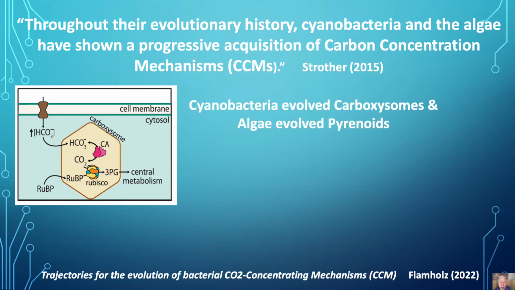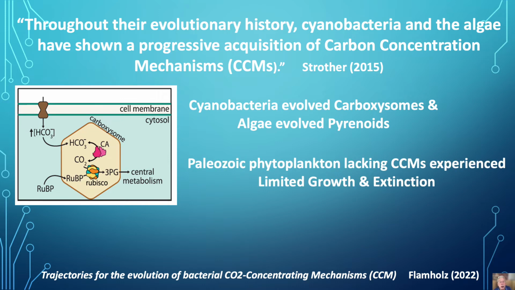Photosynthesizing cyanobacteria evolved the ability to import bicarbonate ions and shuttle them into a carboxysome where an enzyme converts bicarbonate ions into carbon dioxide while in the proximity of RUBISCO. Algae also evolved similar mechanisms with pyrenoids. Without a carbon concentrating mechanism, Paleozoic phytoplankton species experience very limited growth.